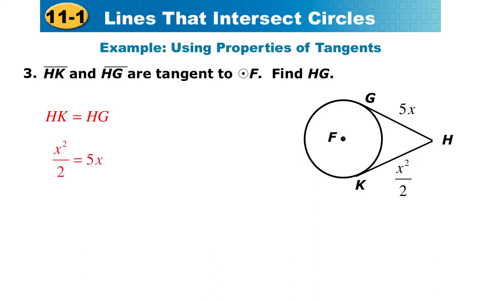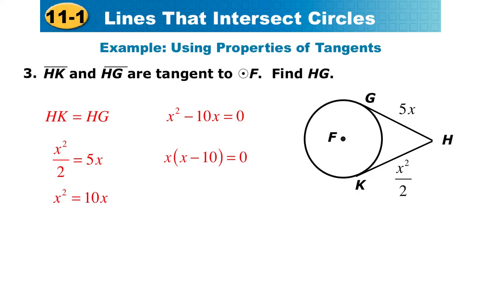From here we do a substitution, we cross multiply, and we get x squared is equal to 10x. We review algebra. Since we have a quadratic, I want to move everything to one side, 0 on the other side. Factor the common factor of x. You have the following.